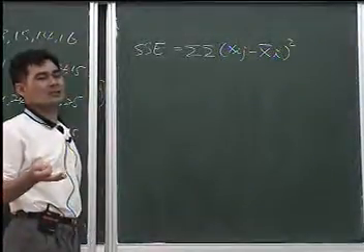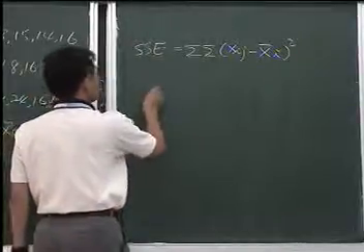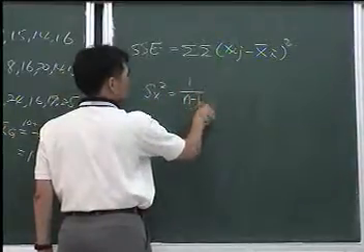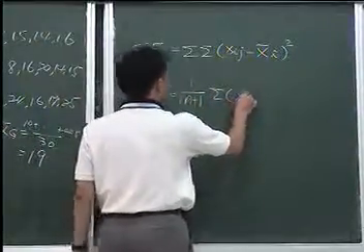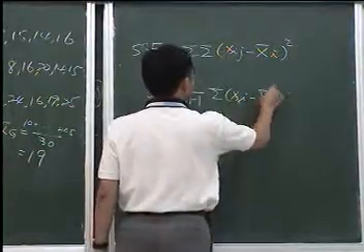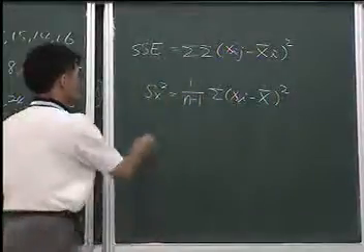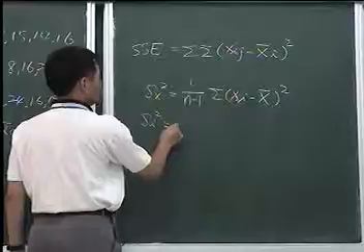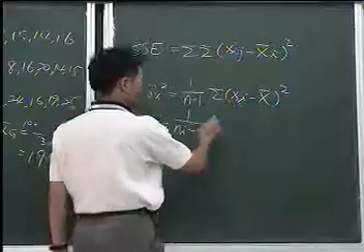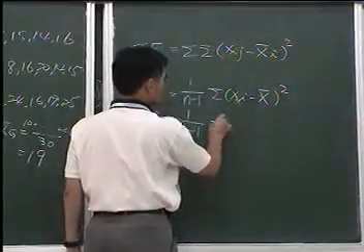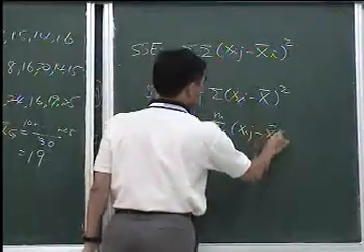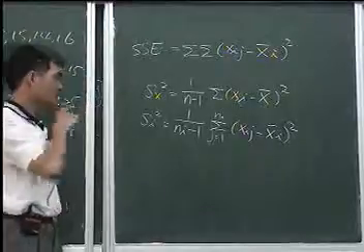Of course, there's some easy way to deal with it. So remember, we say sx square is equal to 1 over n minus 1 summation xi minus x bar square, right? And if it is si square, then we have 1 over ni minus 1 summation 1 to ni, okay, xij minus x bar i square, okay?